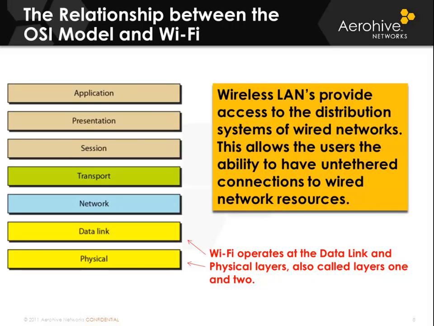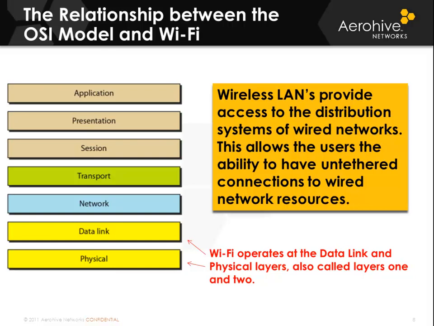The relationship between the Open System Interconnection model and Wi-Fi. The OSI model has 7 layers, starting at the top with application. Then we have presentation. At the presentation layer, you'll see things like encryption and formatting. Then you have the session layer, we have the transport layer, we have the network layer, which is where we get our IP addressing, and it's responsible for routing of packets.